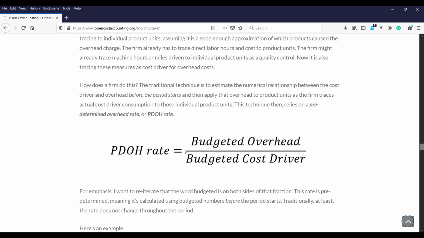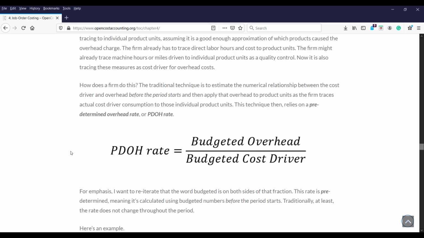So let's say, for example, we have a $50,000 salary for our shift supervisor. Little example here, that's the budgeted overhead, $50,000. And we expect there to be 500 direct labor hours that are spent during the period. So we have 500 down here in the denominator. That would lead to a PDOH rate of $100. 50,000 over 500 should be $100 over here, the PDOH rate.